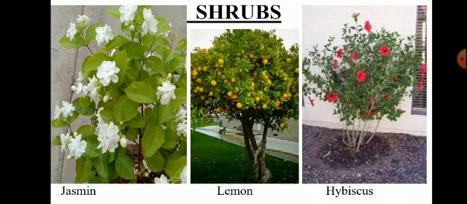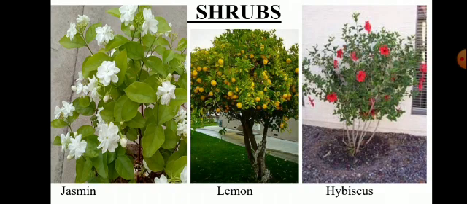They have hard but not exactly thick stems. Their branches generally originate from the base of their stem. These are much taller than herbs but usually shorter than trees. Some common examples for shrubs: jasmine, lemon, hibiscus.